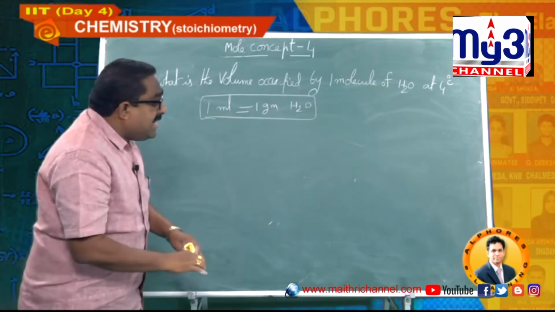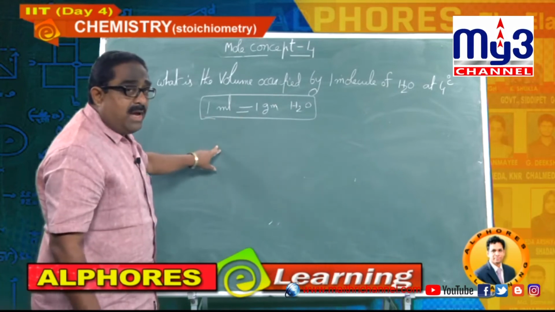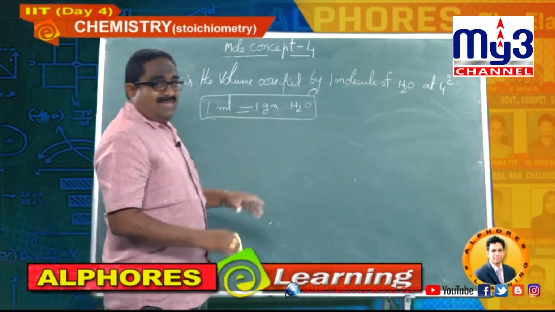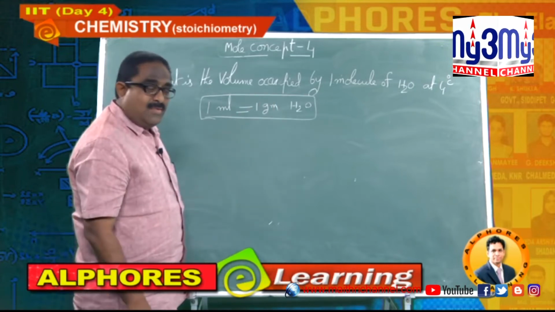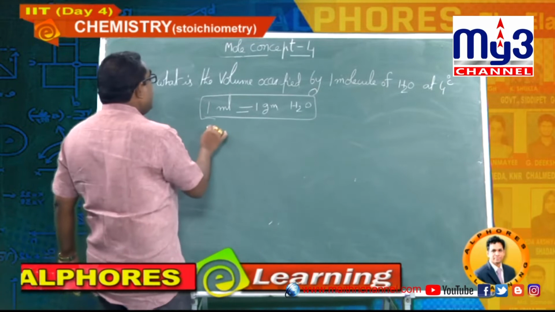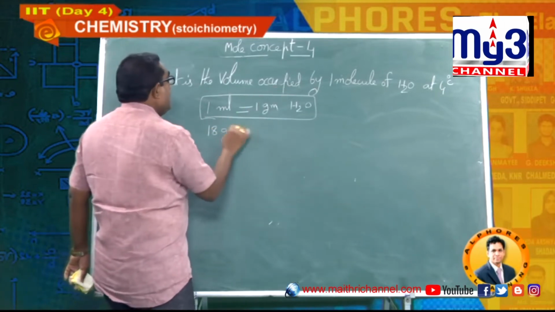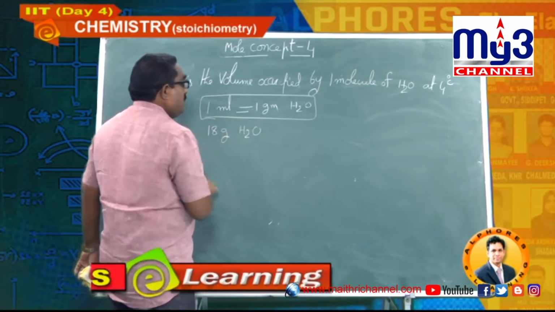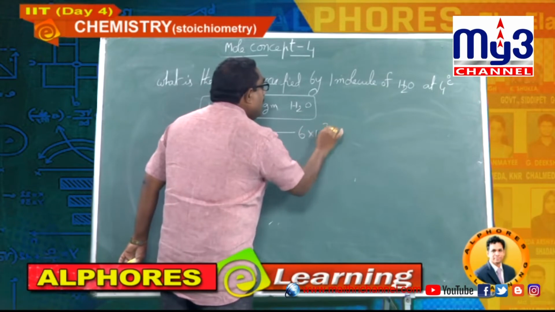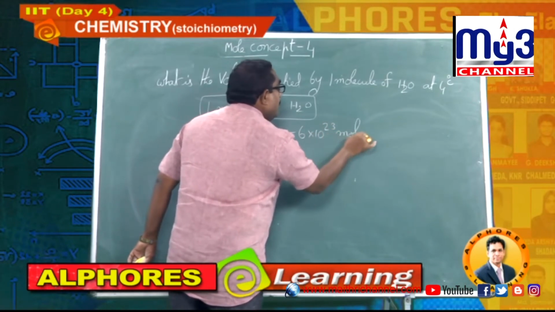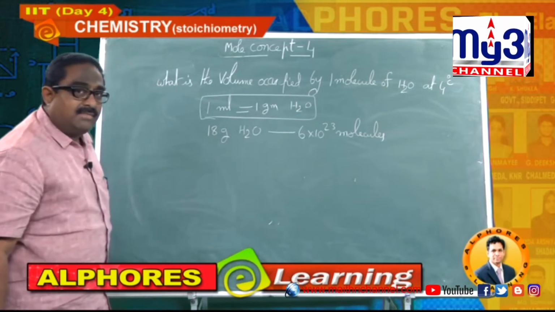Now he is asking you to calculate the volume occupied by only 1 molecule. Right. Coming to the definition of molar mass of water again: 18 grams of H2O contains 6 into 10 power 23 molecules. That is based on the definition of molar mass of water.